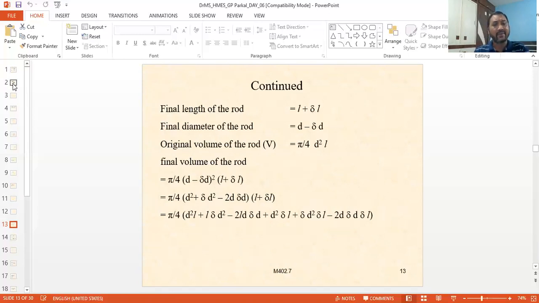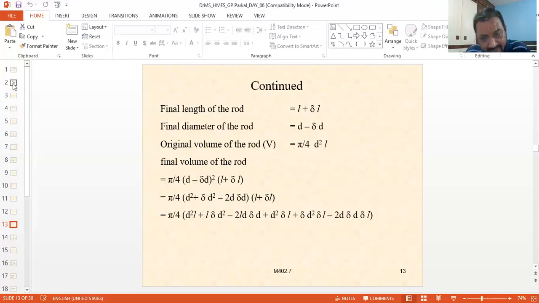If we expand that formula, it becomes pi by 4 into [d square plus delta d whole square minus 2d into delta d] into (L plus delta L).